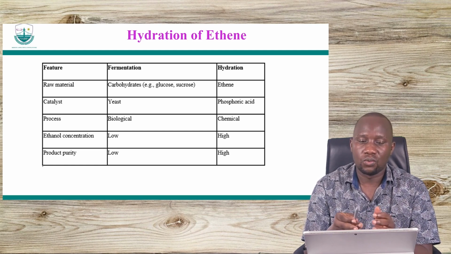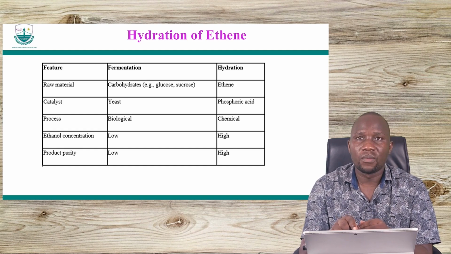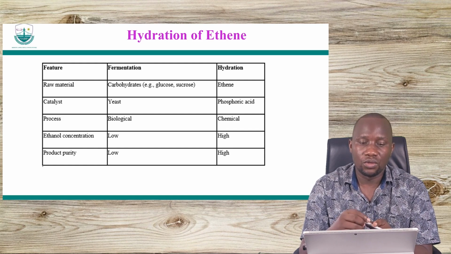The raw material that we use for fermentation is carbohydrates, and for hydration of ethene, we have ethene as the raw material there. In fermentation, we use yeast for the enzyme, and then phosphoric acid is what we need in hydration of ethene to get ethanol.